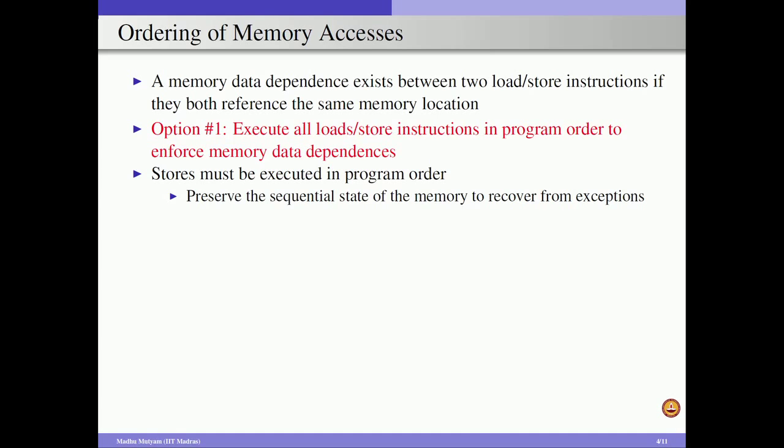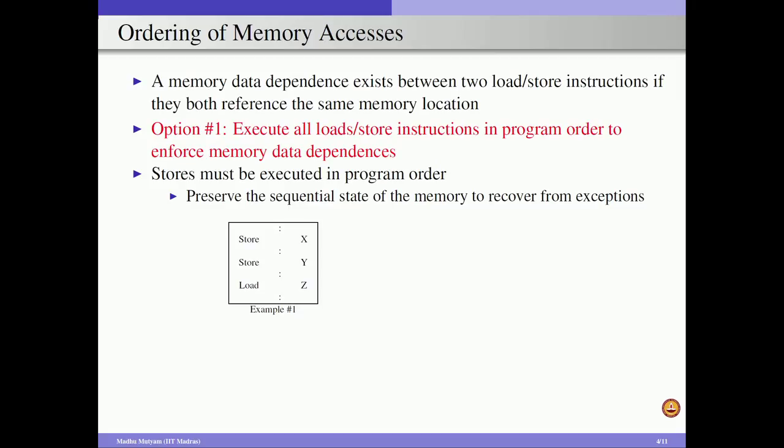Rather than forcing all the load and store instructions to execute in program order to enforce memory data dependencies, we can enforce only the store instructions to execute in program order. Because of this relaxed constraint, we now have the option to execute load instructions in an out of order fashion.